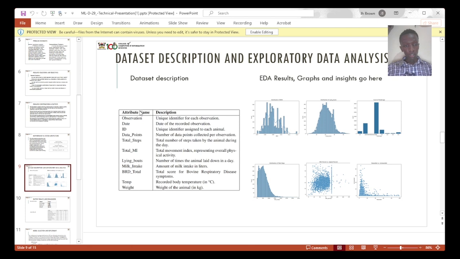We have even more attributes than these, but these are the ones essential to the model.